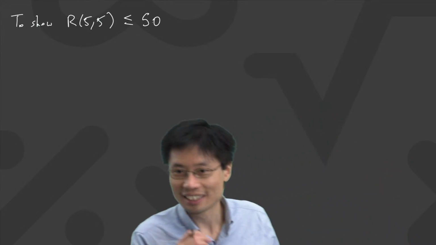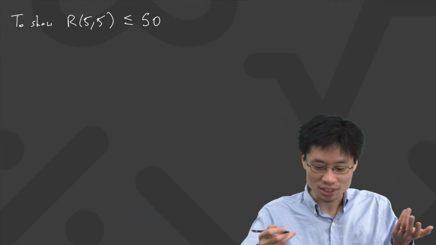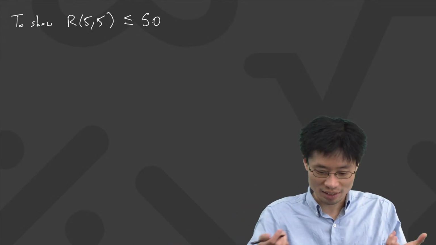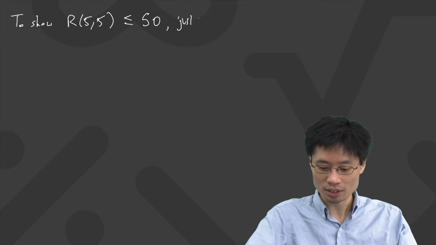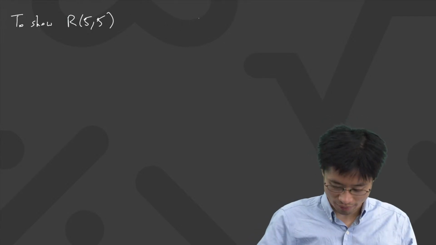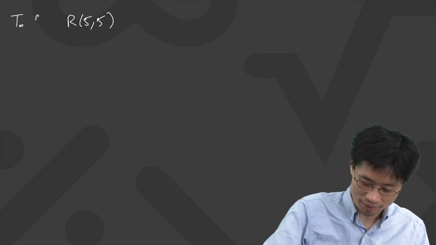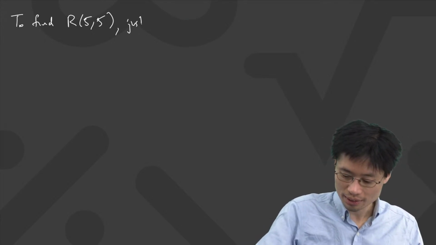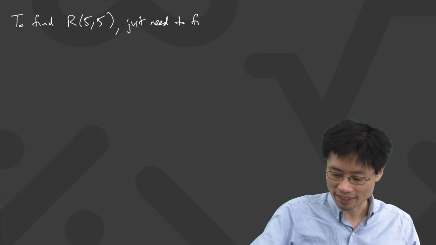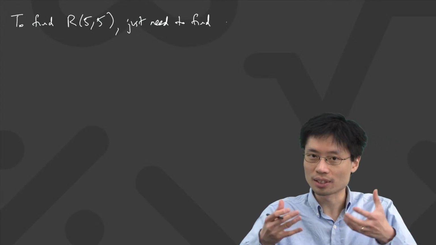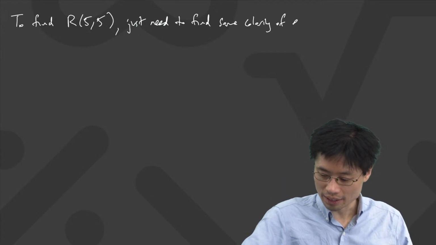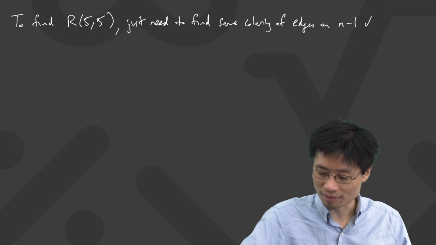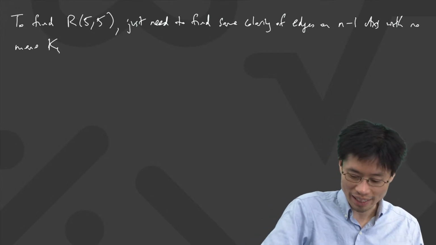Okay. Actually, to find R55, you just need to find some particular coloring of edges on some n-1 vertices with no monochromatic K5.